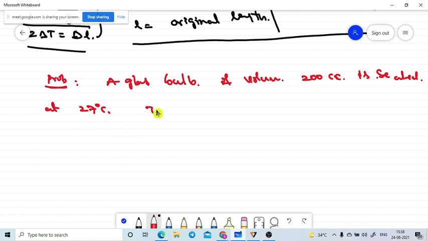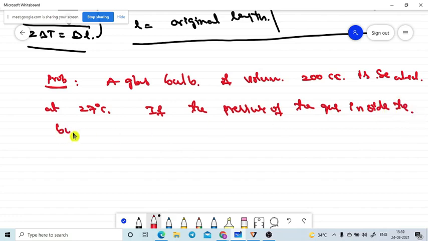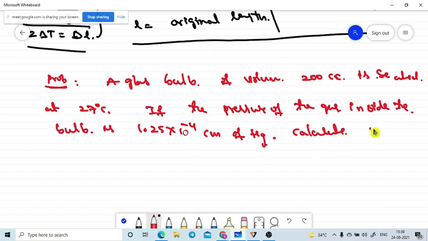If the pressure of the gas inside the bulb is 1.25 into 10 to the power of -4 centimeter of Hg, calculate the number of molecules inside the bulb.